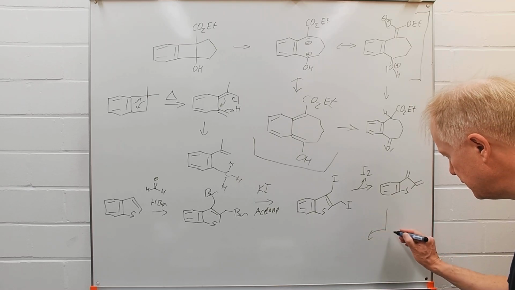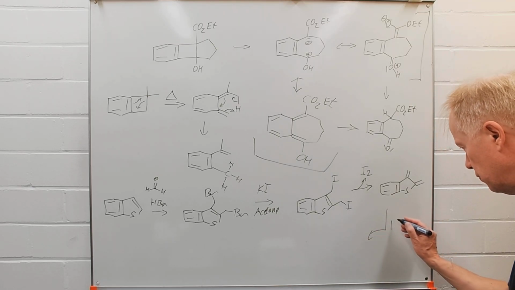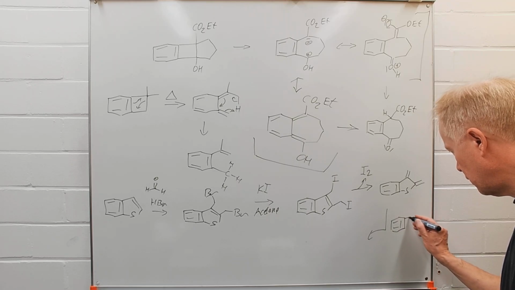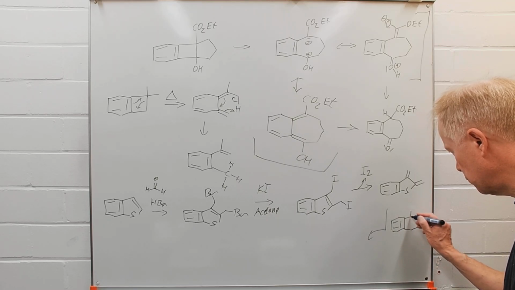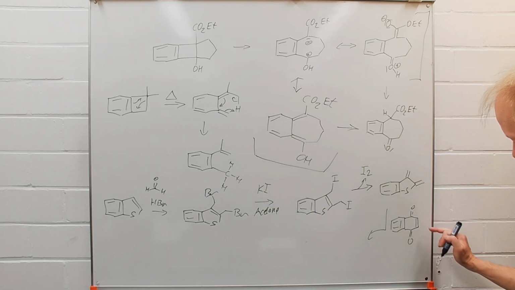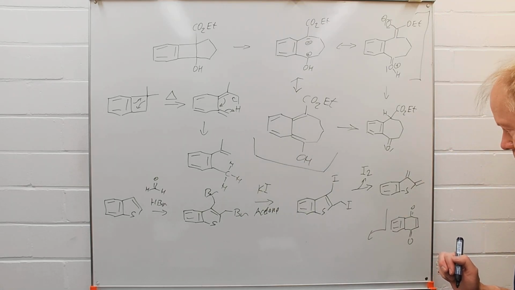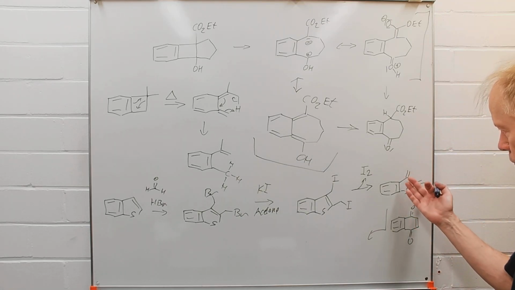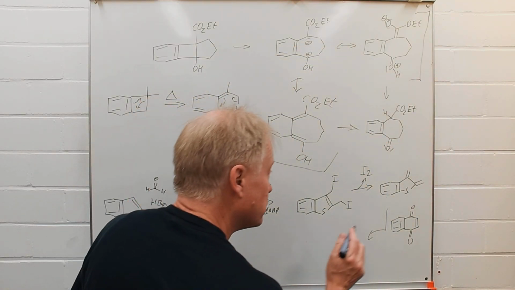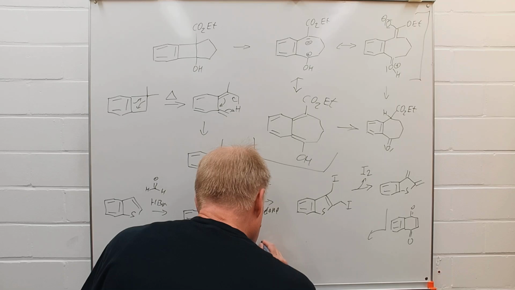In the presence of a dienophile, for instance naphthoquinone, then a Diels-Alder reaction will take place. The ortho-quinonoid system is trapped. And what is the product that will be formed?